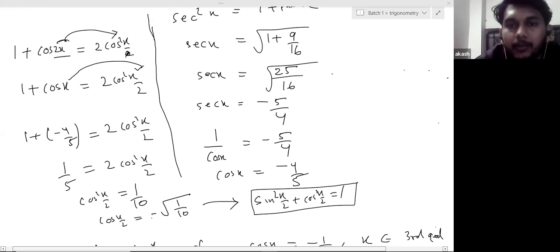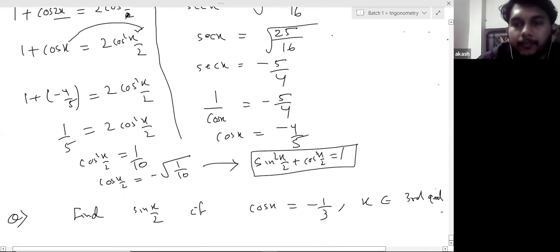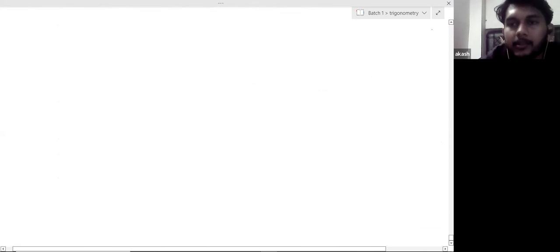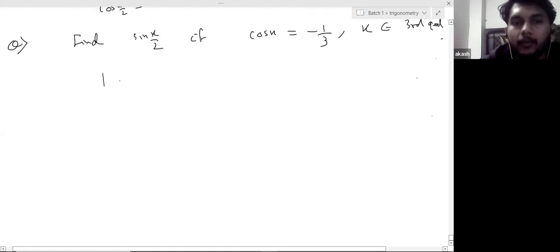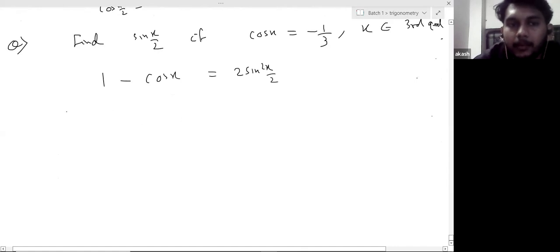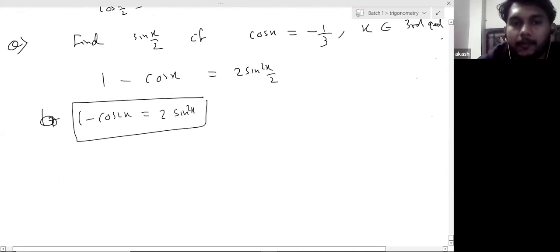All right, let's see how to solve this one. Cos x is minus 1 upon 3. So we know 1 minus cos x is 2 sine square x by 2, right? This formula 1 minus cos 2x is 2 sine square x. So if we replace 2x with x, the angle will be half here. So half of x is x by 2, right?